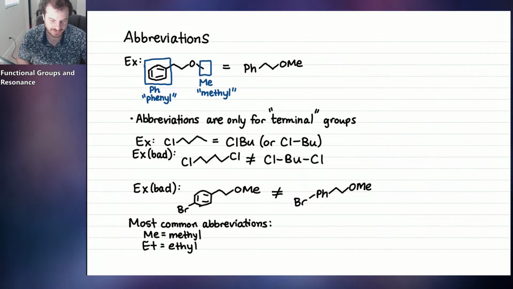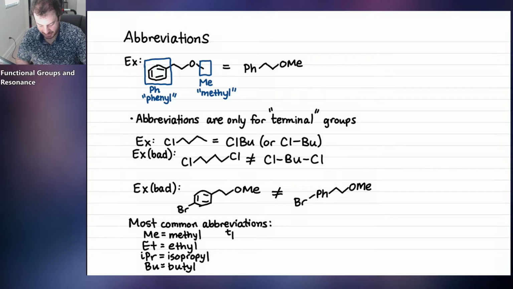These are all common side chains. iPr, that stands for isopropyl. Notice that the i is kind of superscript. Bu, that's butyl. tBu, again, kind of like the iPr, it's like a superscript t. That stands for tert-butyl.